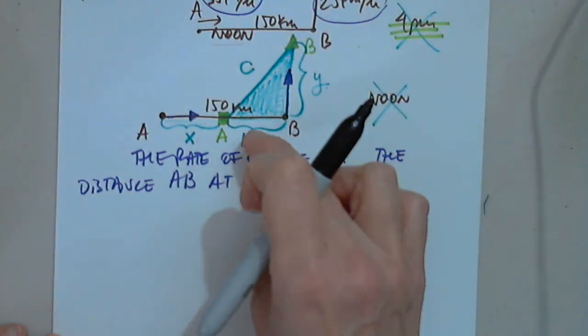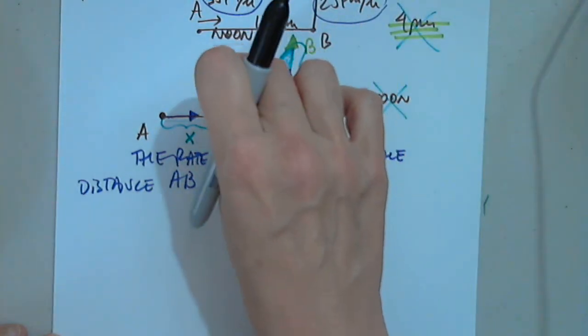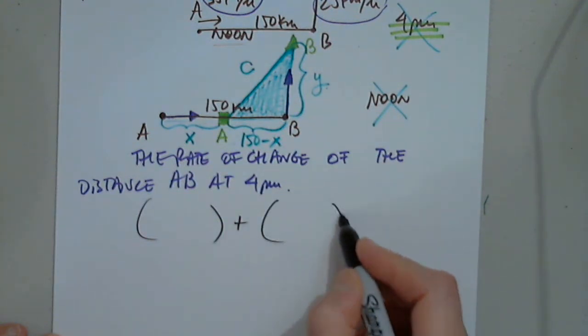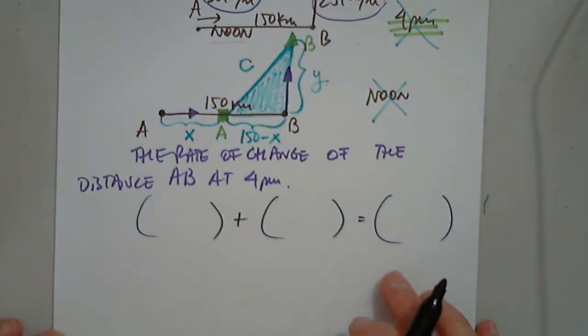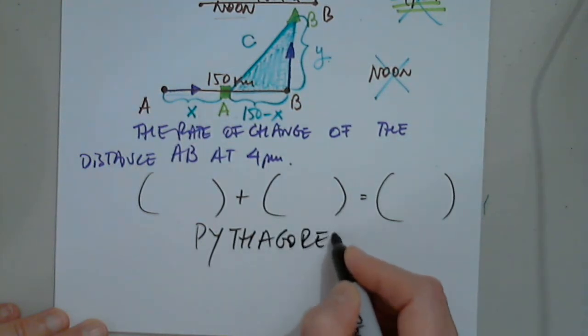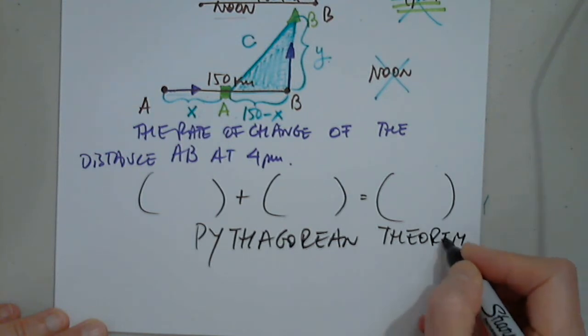Careful. One leg squared plus the other leg squared equals the hypotenuse squared. Very good. The Pythagorean theorem. That's it.